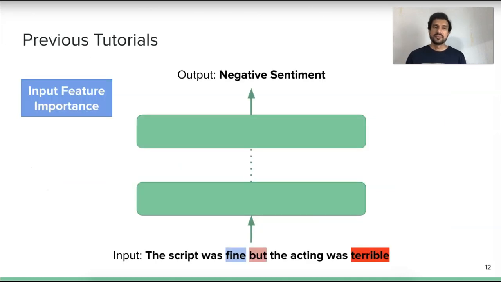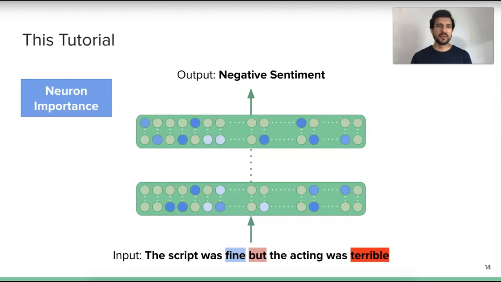Okay. Then another line of work that has been widely covered in other tutorials is input feature importance. That is the role or the contribution of various input features, like here these are the words, towards a particular prediction. For example, in this case, this example shows that variable has a major contribution in predicting this sentence as a negative sentiment.